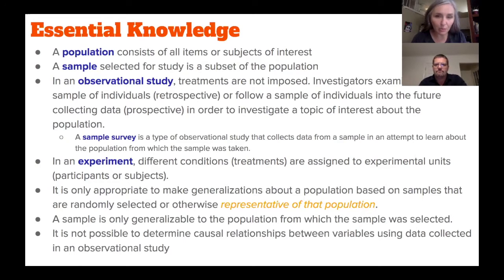Does that sample represent the population? That's going to be such an important thing to us, because we don't want to make decisions about a population off of a poorly represented sample. And that's what the essential knowledge in the last one was about: chance. We want everybody to have a fair chance to be, or everything to be represented in our survey.